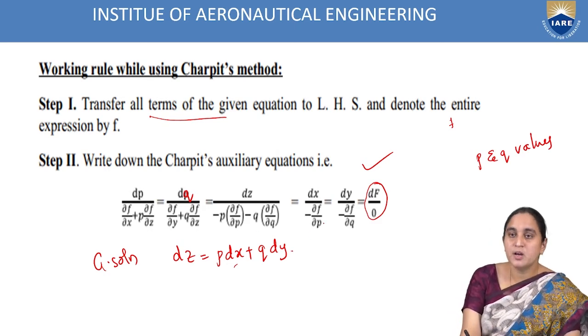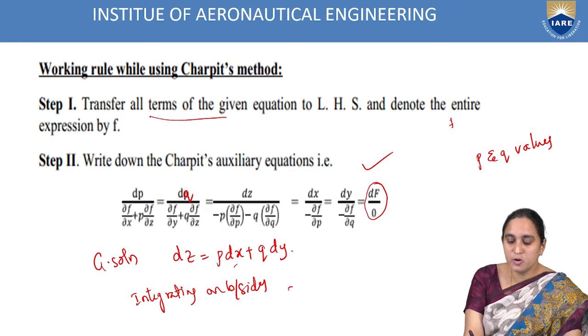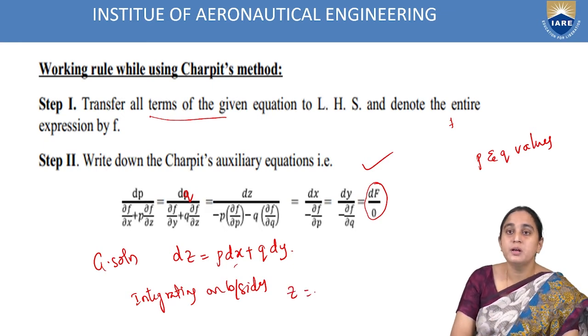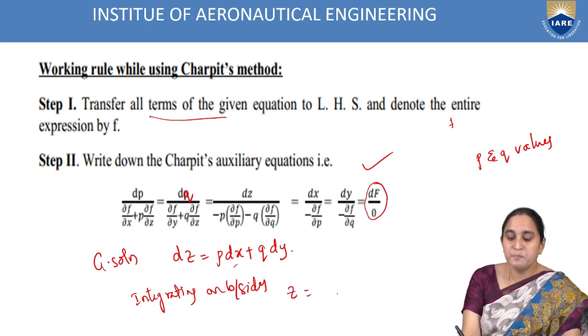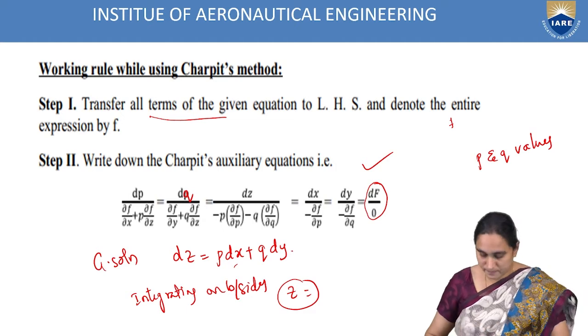After that, from the auxiliary equation we got the P and Q values, we substitute the two values and integrate on both sides. Then we get z is equal to px plus qy form, depending on the question. Integrating on both sides, we get the general solution in terms of z. That is the concept of Charpit's method.